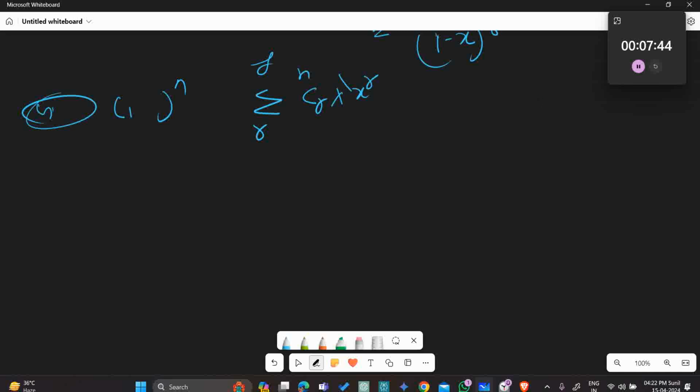So for example, 1 plus x to the power 10 is equal to, where A of r is equal to 10Cr. Right, so this is the question.